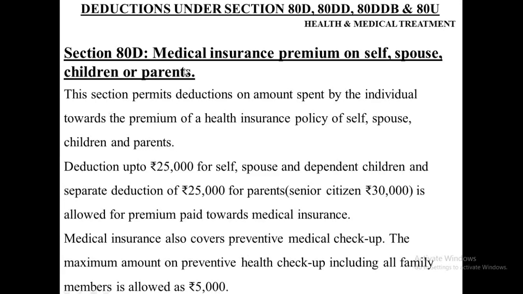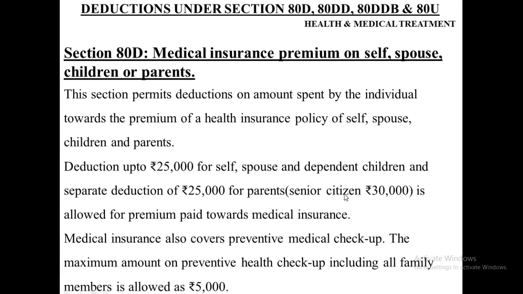80D is for medical insurance premium. If the assessee or individual has taken health insurance for himself, spouse, children or parents, he can claim deductions under section 80D up to rupees 25,000 for himself, spouse and dependents, and separately an extra 25,000 for his parents.